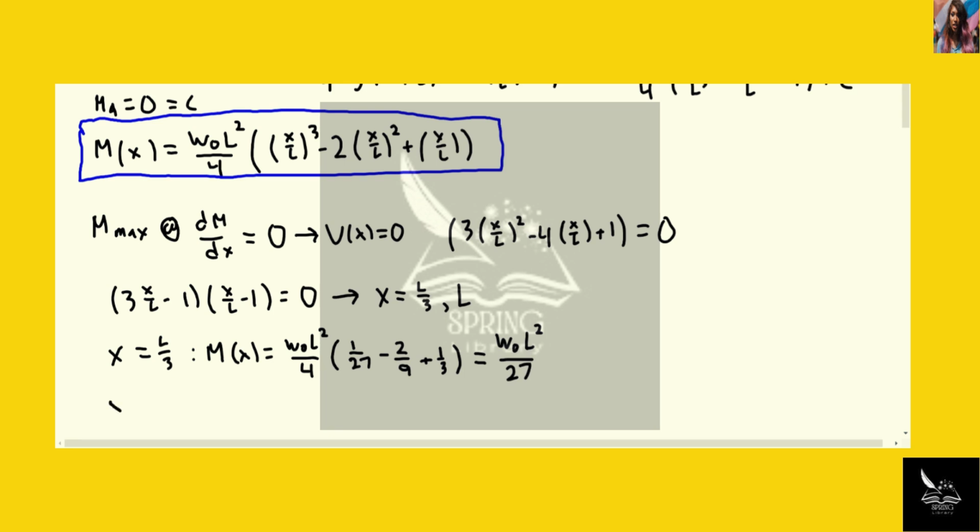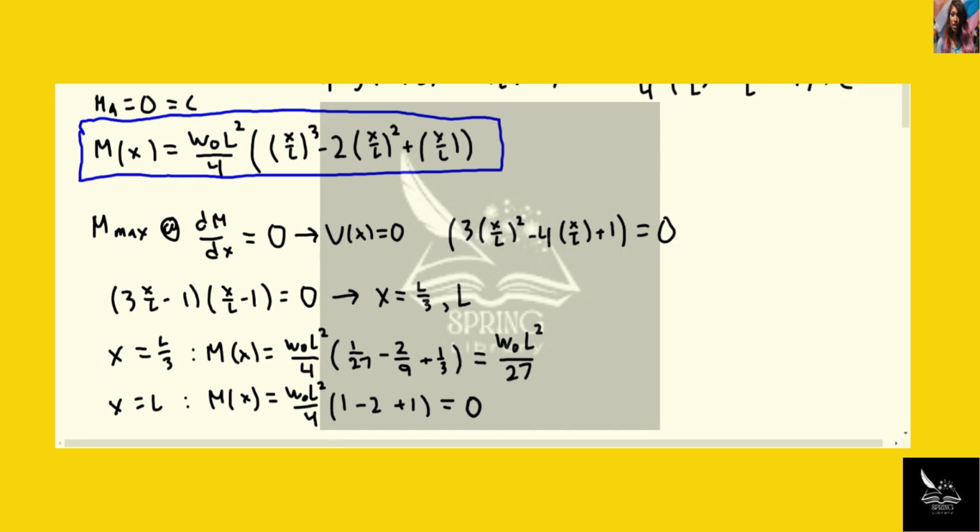And let's check at x equal to L. Our expression for M will be W0 L squared over 4 times 1 minus 2 plus 1, which equals 0. Thus we get our maximum when x equals L over 3.